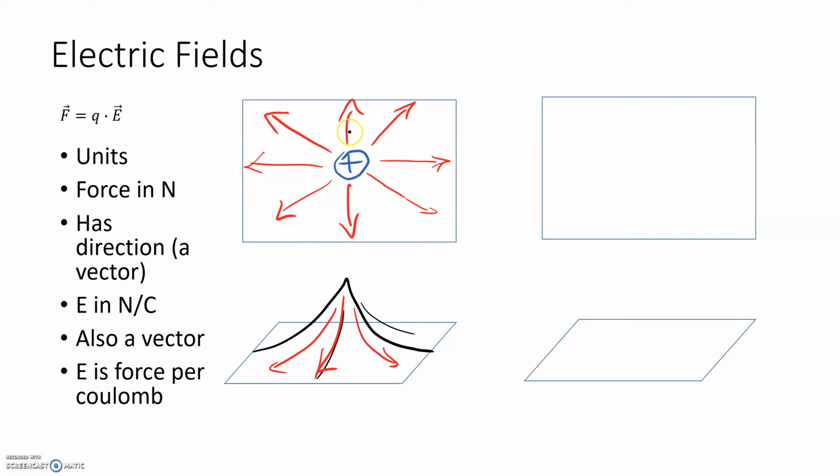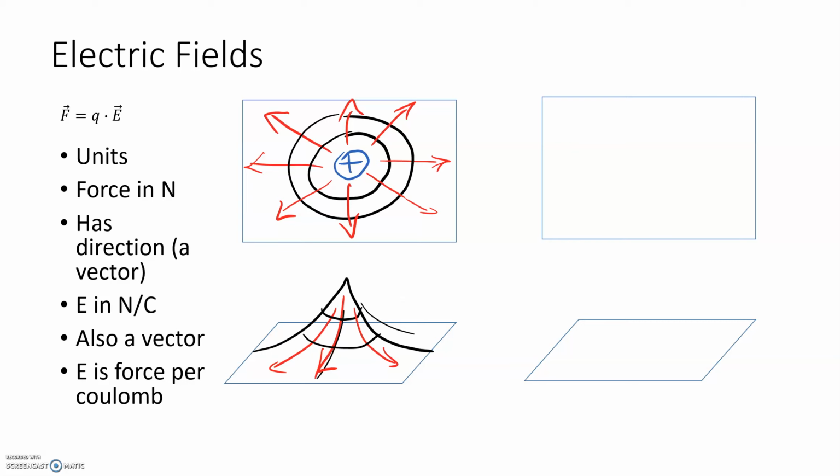If we draw the equipotential lines, those form concentric rings around the positive charge in the same way that they would form rings around the central point.